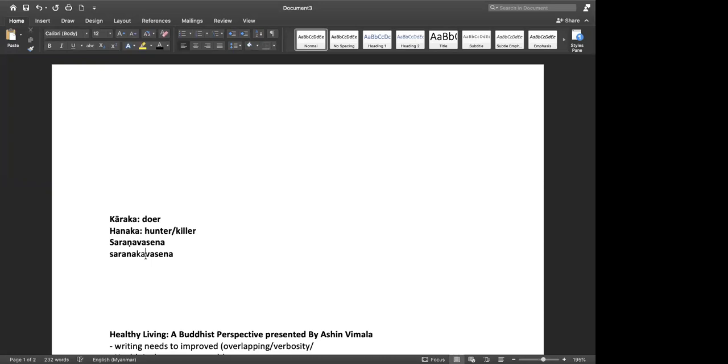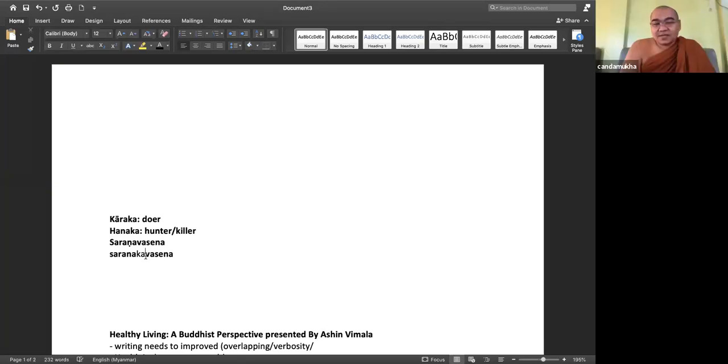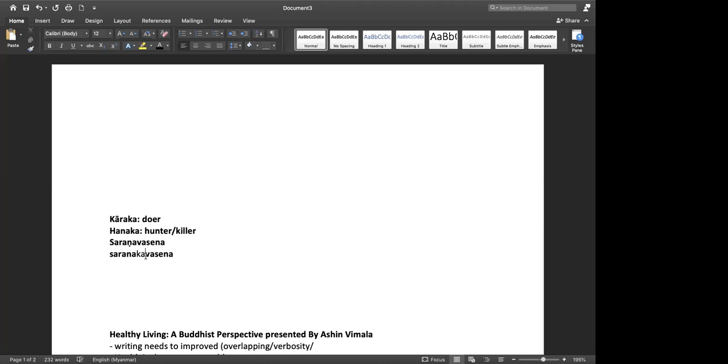Sayadaw, sorry. I think that the ka is meaningless here, because sometimes the ka is meaningless, like the word kumara, right? Kumara is like a prince or child. If we add ka there, it becomes kumaraka. It's still like a child or prince.